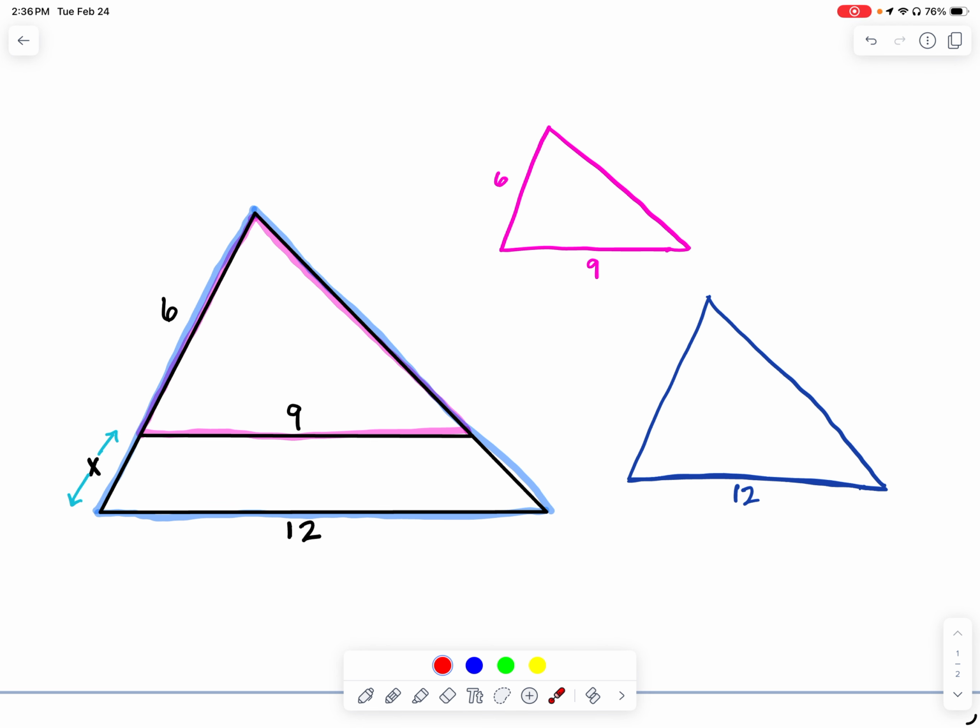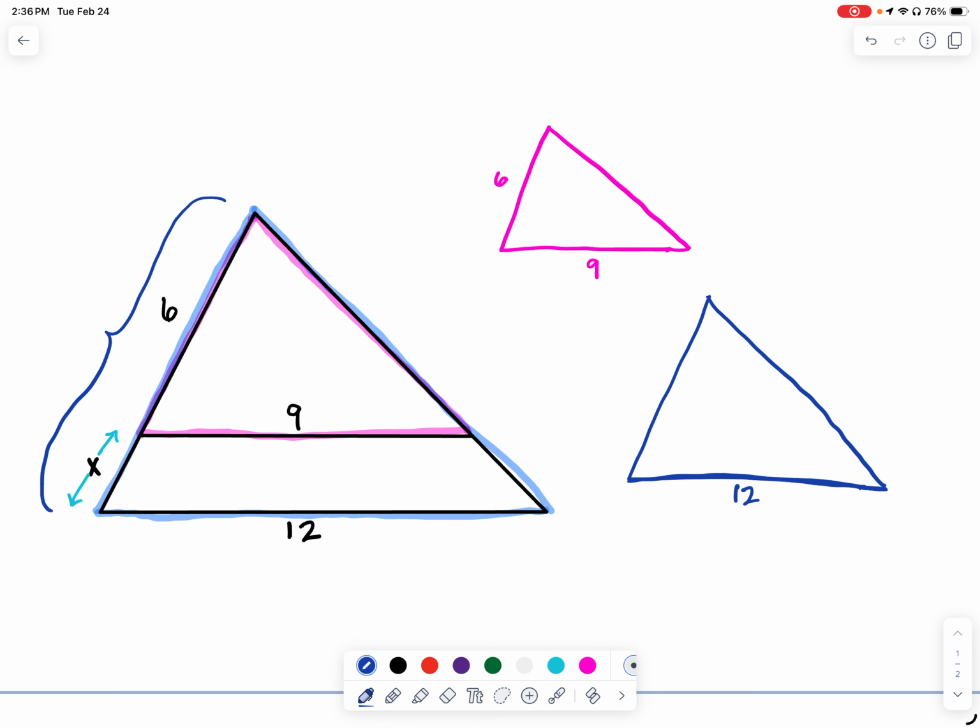So what I can do is, just because they said we're going to call this little piece here X, and we know that this other part is 6, I don't necessarily have to use that to solve the problem. I'm going to think about all of this together.